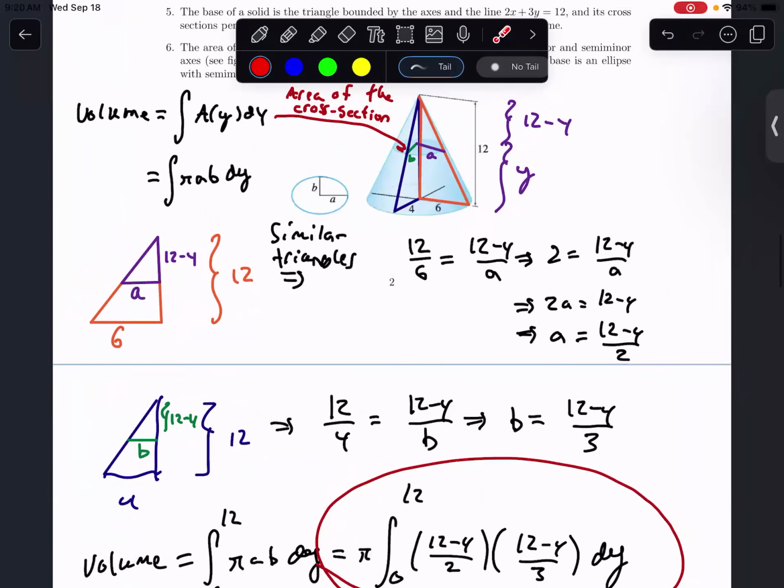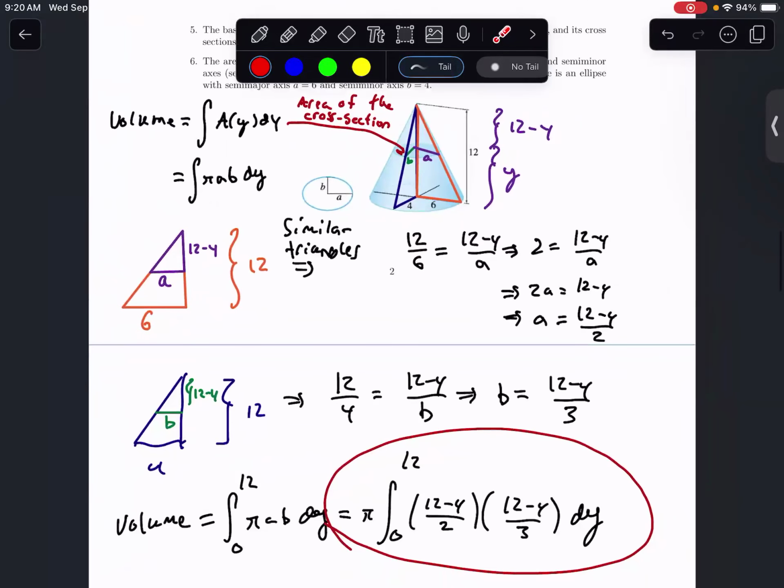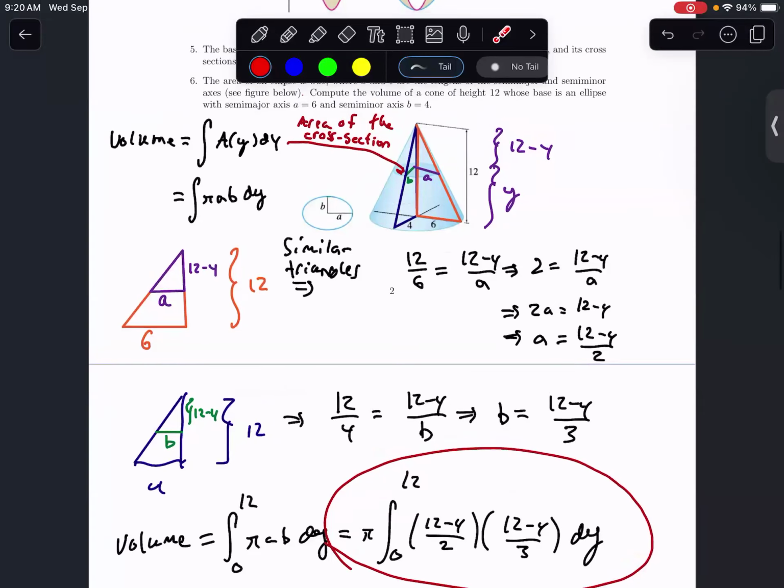If you find a way to relate A and B with one another, and then you can relate A to Y, then that tells you can write B in terms of Y as well. I'm not exactly sure if it would be easier or harder. But if you see a way of doing it and it's valid, then you can do it. There's probably more than one way of going about this, but I think the similar triangle idea is pretty intuitive.